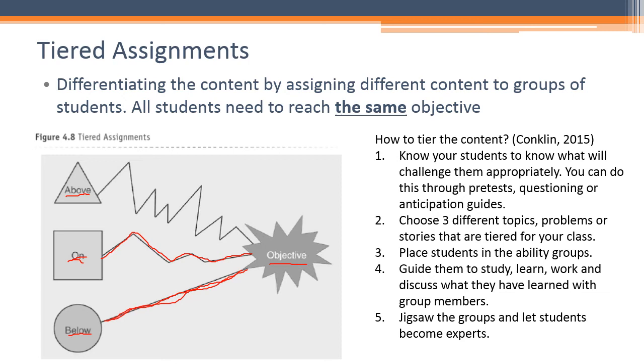Now, when you have the assessment results, choose three different topics, problems, or stories that are tiered for your class. So, yung sinasabi kong topics, problems, or stories, yun yung content. So, these are examples of content, okay, that are tiered for your class. So, nakita mo na, merong high ability group, may on average group, may below average group.